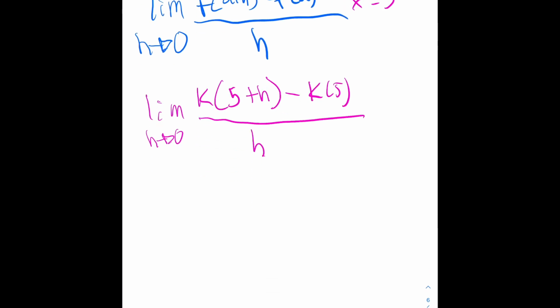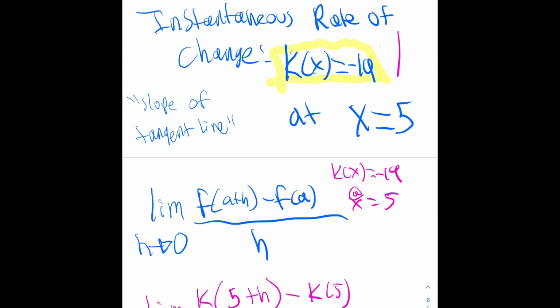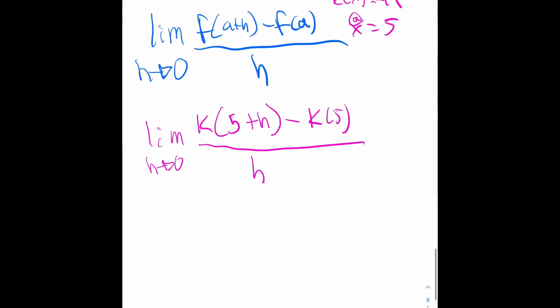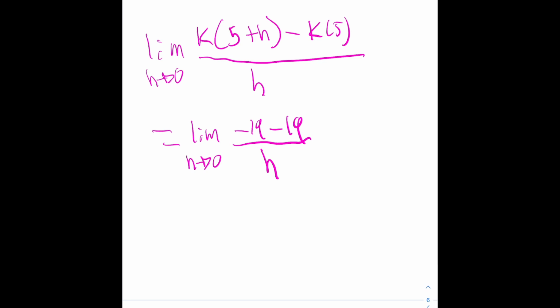Whatever my x is, my graph is simply a straight line, so it's going to be pretty easy to plug in. In the limit as h approaches 0, k of 5 plus h is just going to be negative 19, and k at 5 is also negative 19, all over h. So subtracting a negative cancels out.